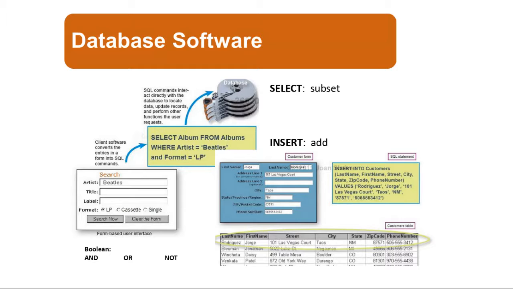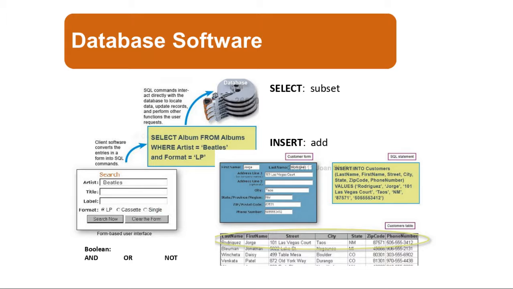So in this case, we're searching for all records where the artist equals Beatles and format equals LP. So select album from albums where artist equals Beatles and the format equals LP. So it would look for these 2 conditions on every record and bring back a subset from that table of only the records that met this criteria.